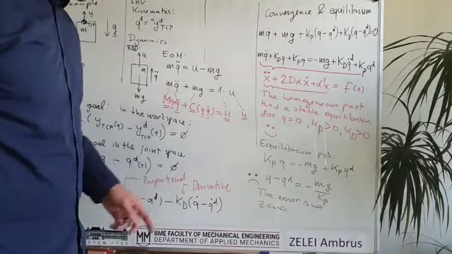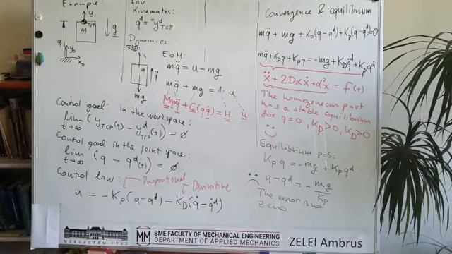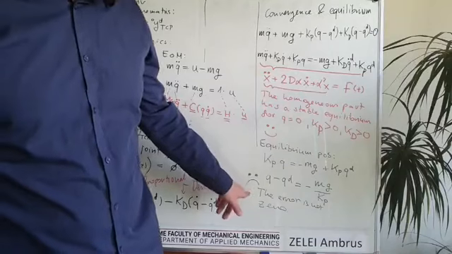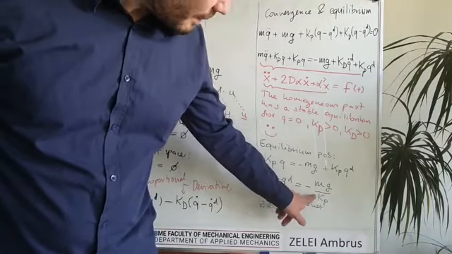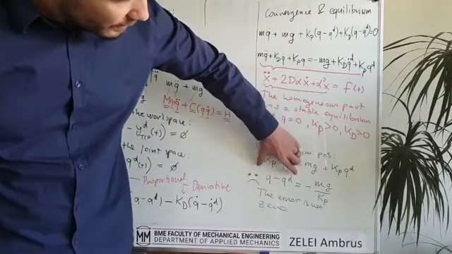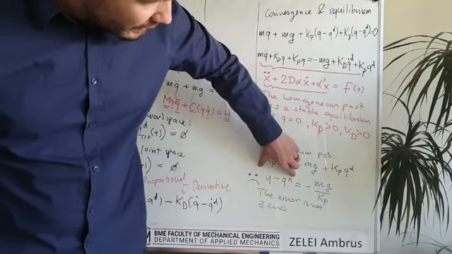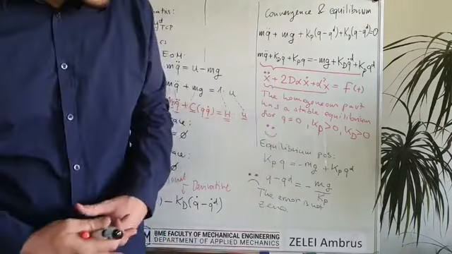As you learned in Gábor Stepan's lecture, you can increase the value of kp and this error will be smaller and smaller, but there is a limit of kp because of the digital effect.